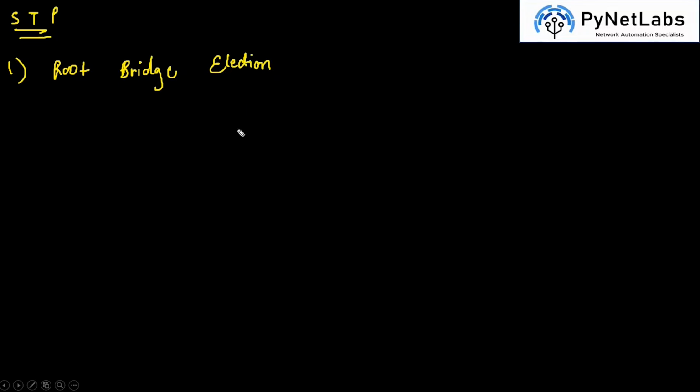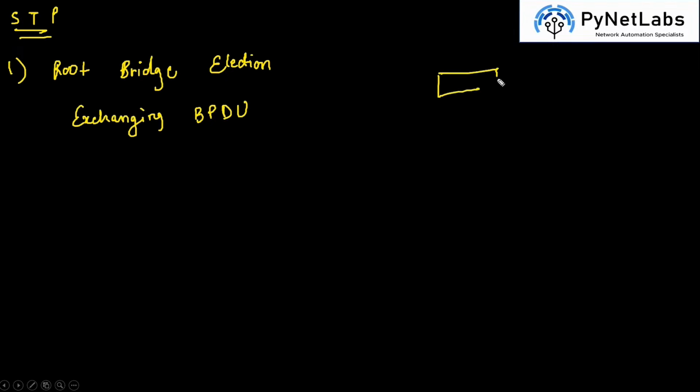This root bridge election is done by exchanging BPDUs. We will discuss what exactly a root bridge is and what the functions of a root bridge are in a topology. So basically, this election occurs between devices.